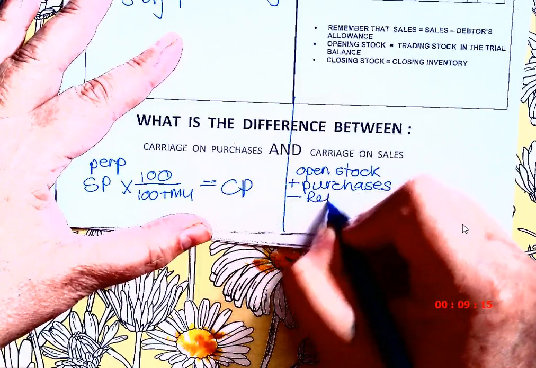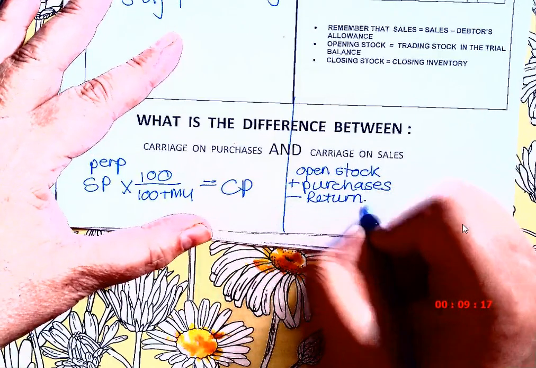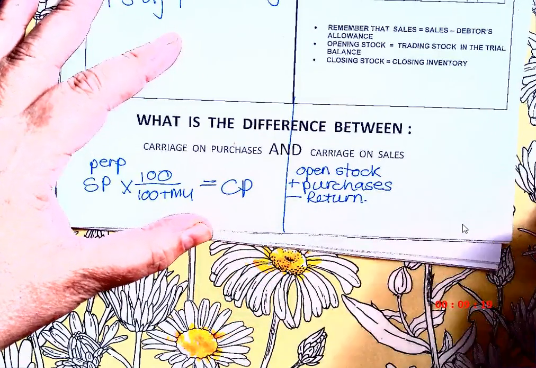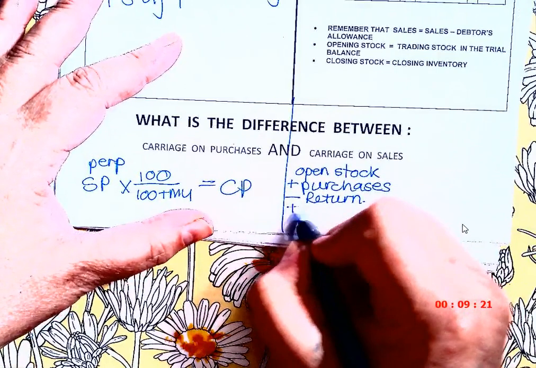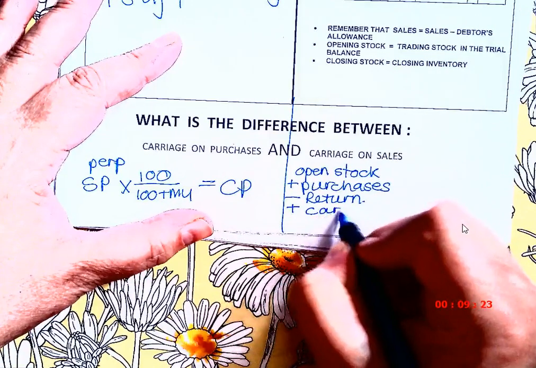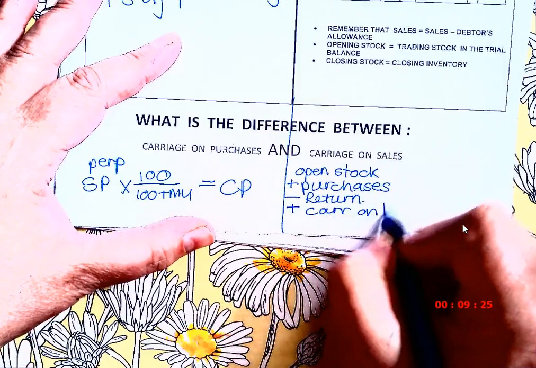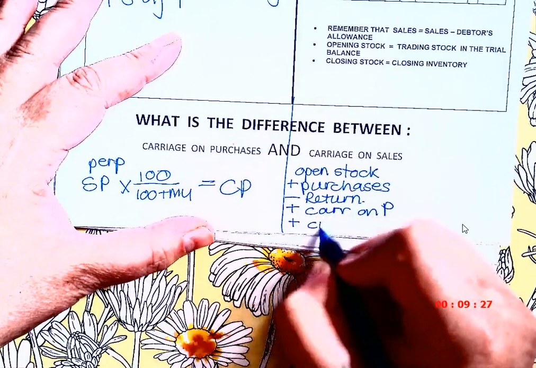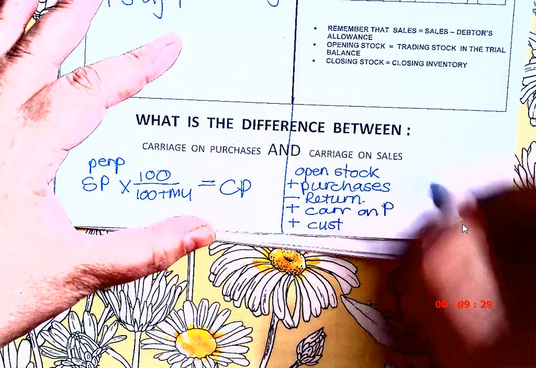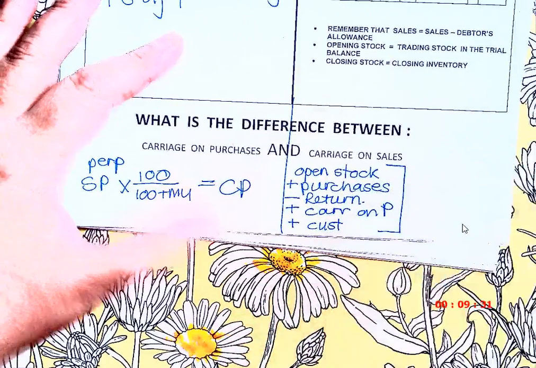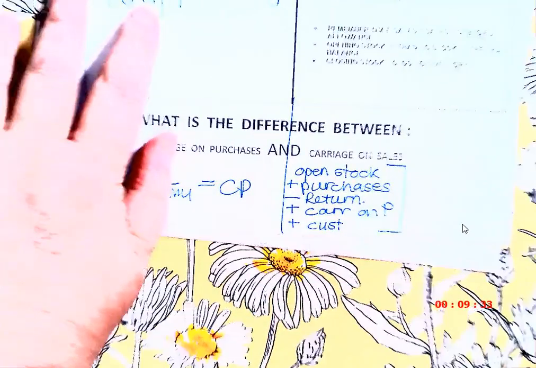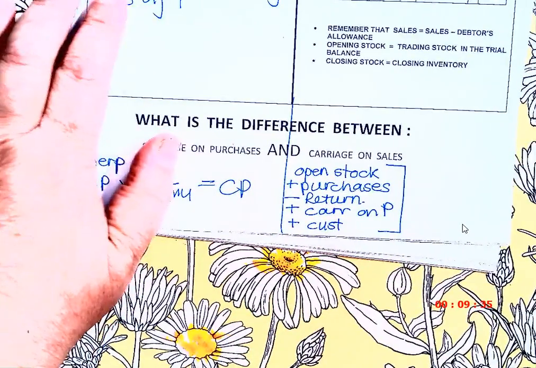I return, not debtors to me, I to my creditors. Plus carriage on purchases, plus customs. Can you see with all of that, I can see what I have available to sell. You with me?